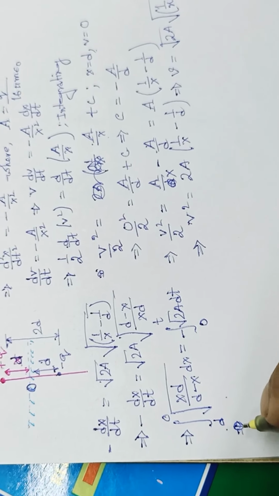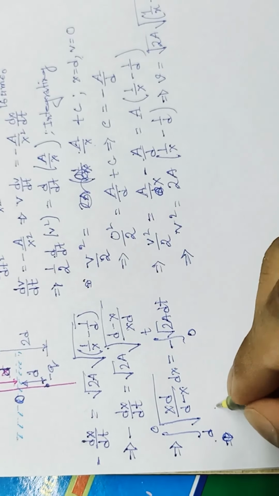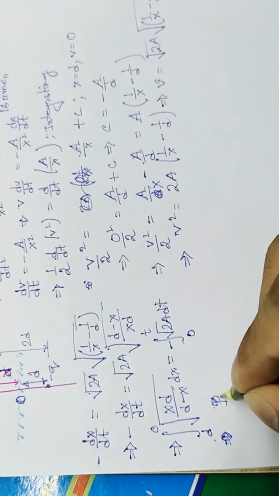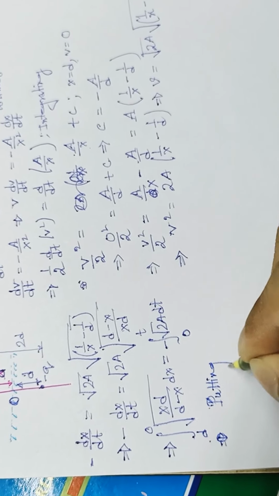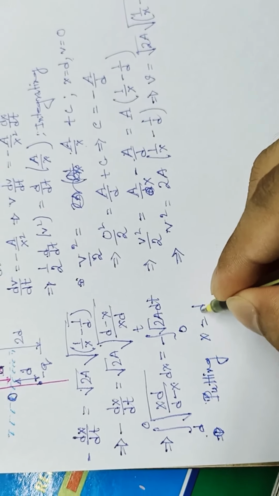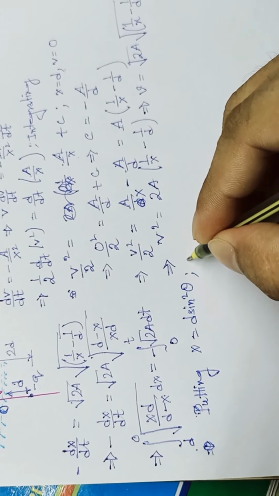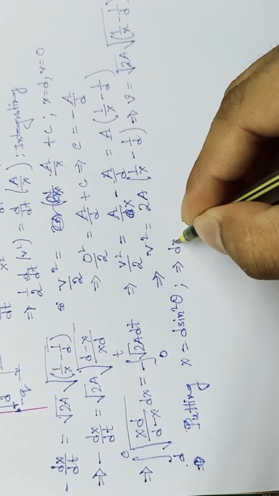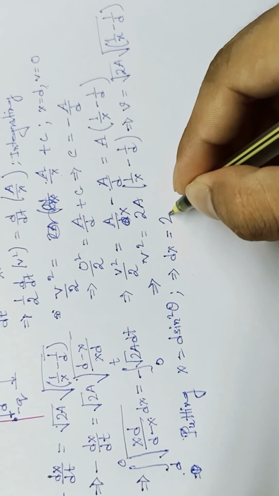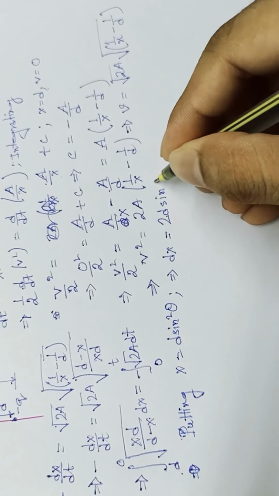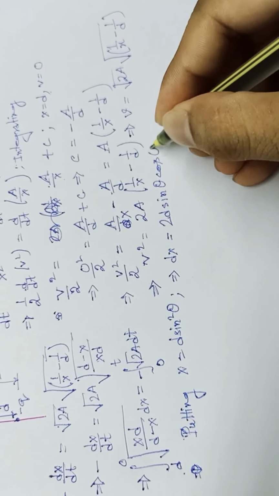Now we have to substitute some quantities, so putting x equal to d sin square theta, we can write dx will be equal to 2d sin theta cos theta d theta.